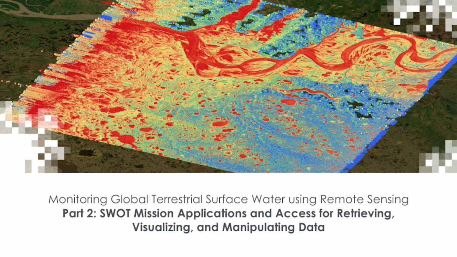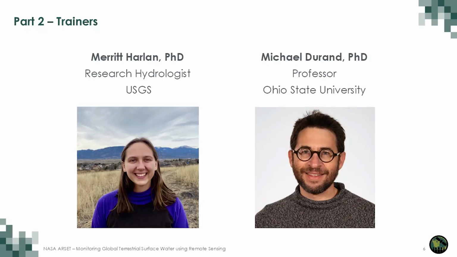For part 2 of the webinar series, SWOT mission applications and access for retrieving, visualizing, and manipulating data, we're delighted to be joined by 2 guest instructors. Dr. Merritt Harlan is a Mendenhall Fellow and Research Hydrologist for the United States Geological Survey's Water Resources Mission Area based in Lakewood, Colorado.